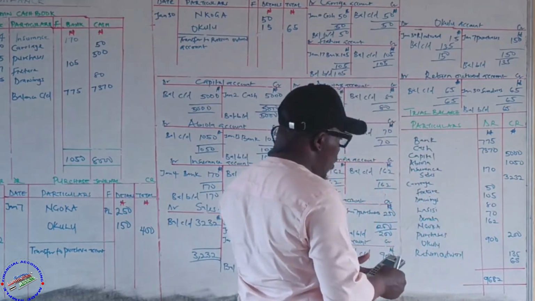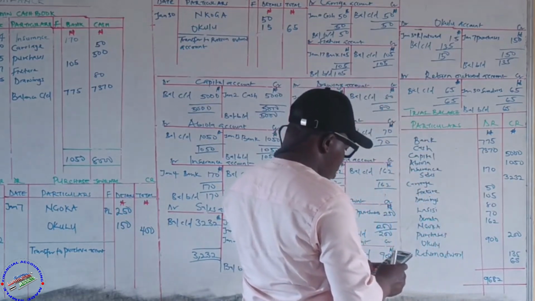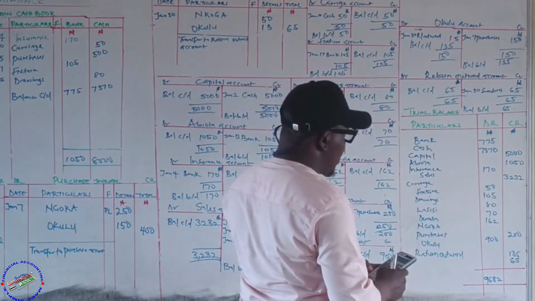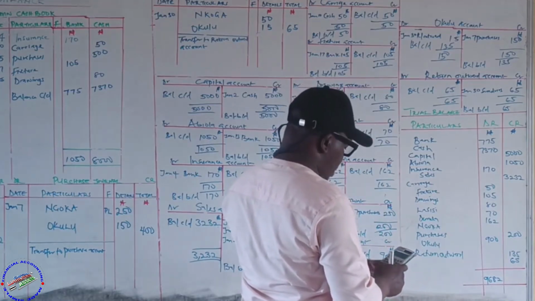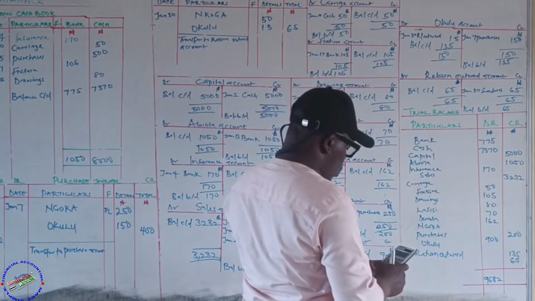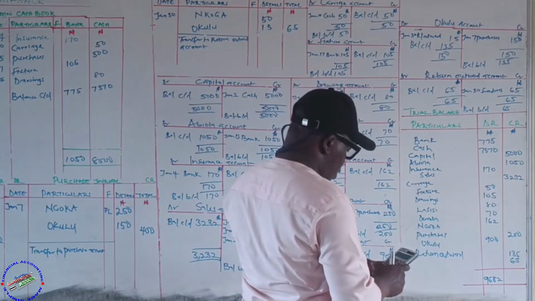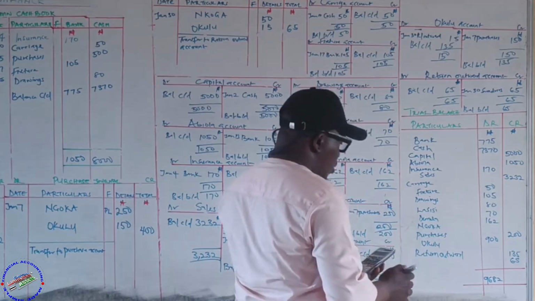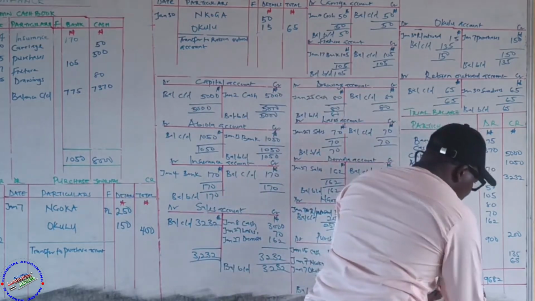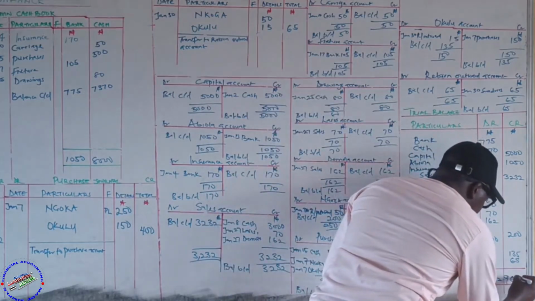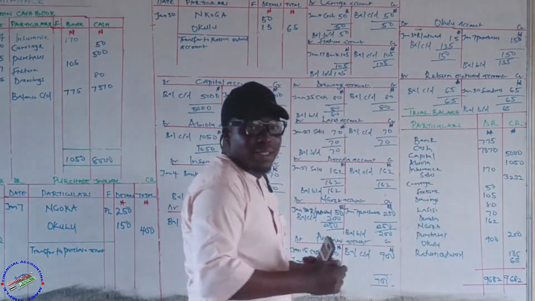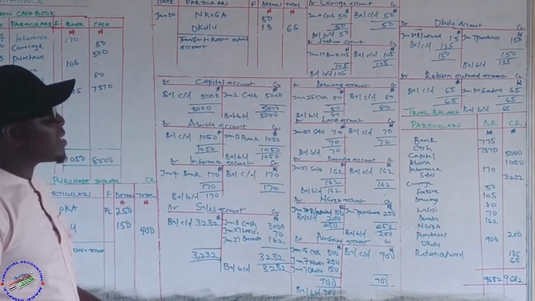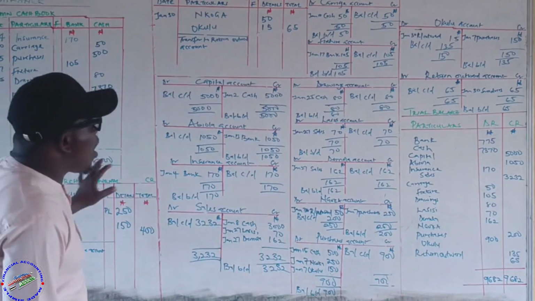So we need to confirm what we have on the credit side as well. So we have 5,000 plus 1,015 naira plus 3,232 plus 200 plus 135 plus 65. And this also gives us 9,682.